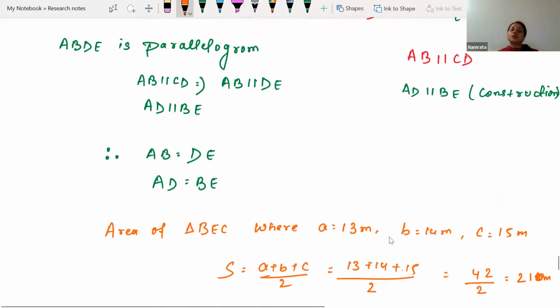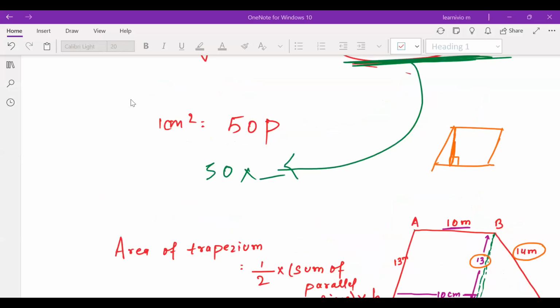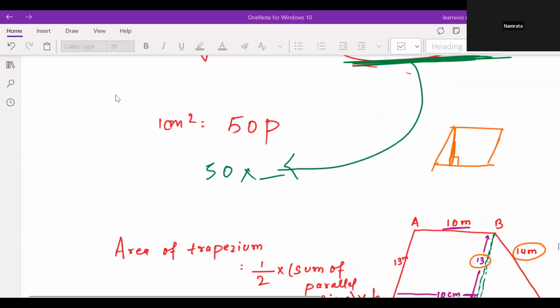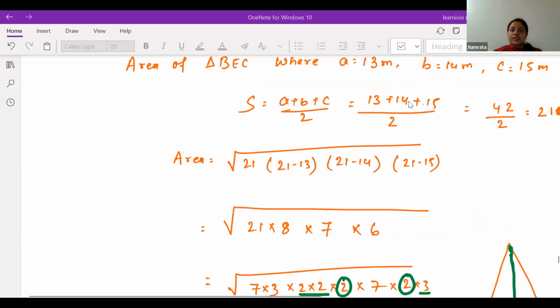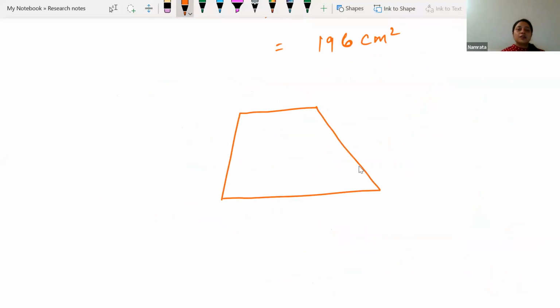What exactly did we do? We had a trapezium where all 4 sides were given in the question itself. Basically we had a trapezium like this, where this side, this side, this side, and this side were given.